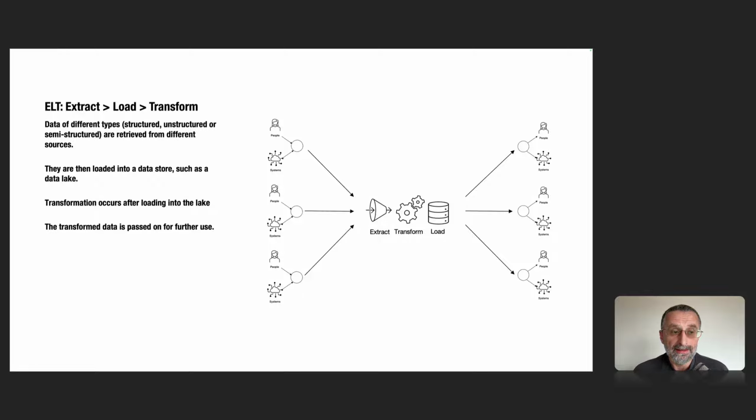In that architecture, where we have the switched order, data of different types are retrieved from different sources, then they are loaded into data stores such as the data lake, and transformation occurs after loading it into the lake. The transformed data is passed on to the users. So once again, we extract the data, load it into the data lake, and then transform it after we have it loaded.